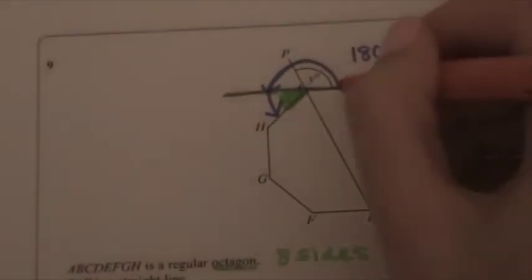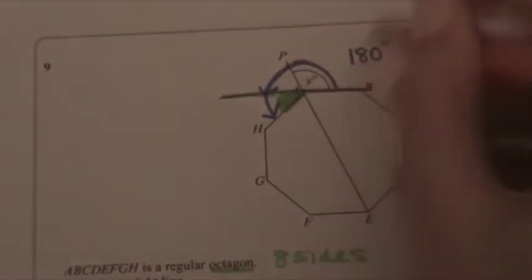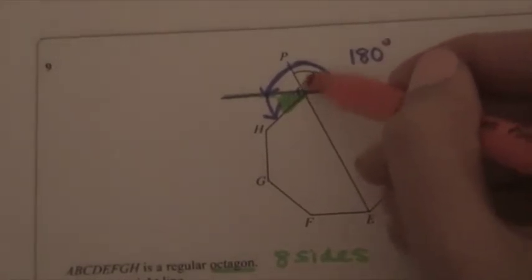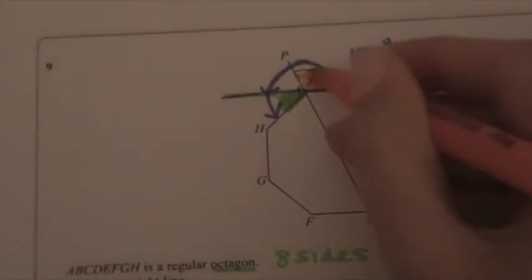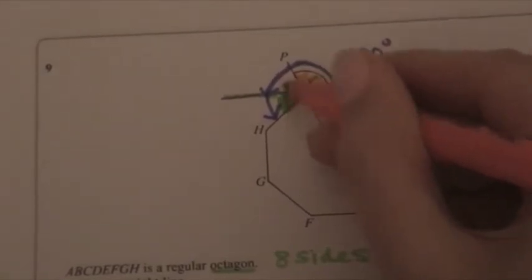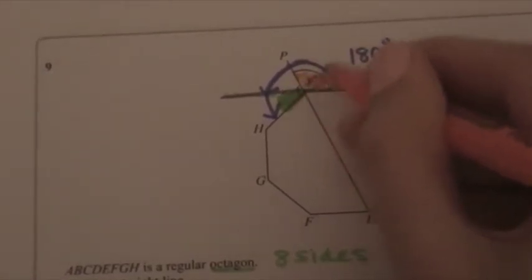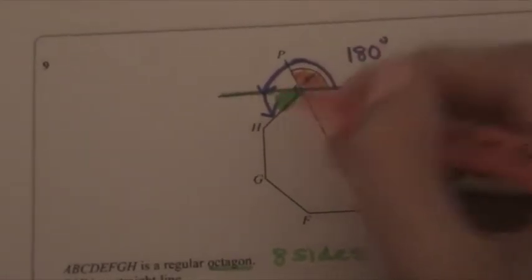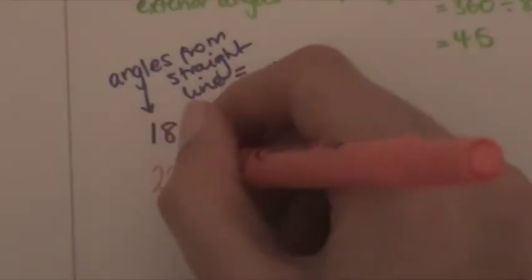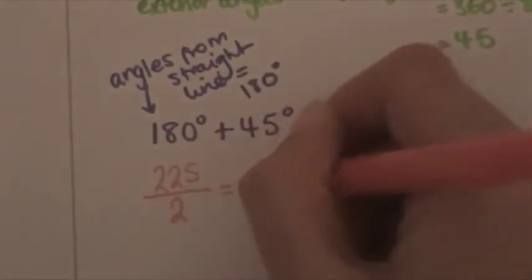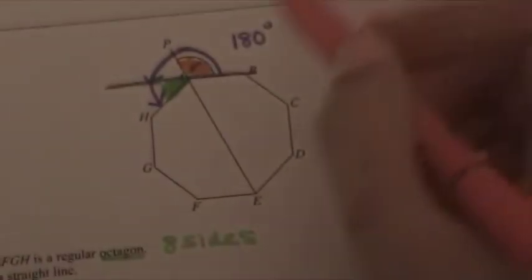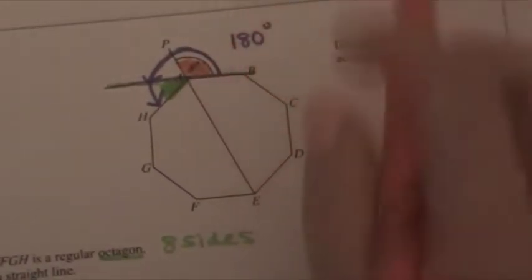So if this whole bit here is 225 degrees, we can see that y is exactly half of that. Y is round to there, and if we were to add round here, that would be 2y. So y is exactly half of what we've just worked out. So it's half of the 180 and the 45. So we did 225 divided by 2, which gives me 112.5 degrees. So my answer down the bottom, 112.5 degrees. Worked out the total angle and divided by 2.